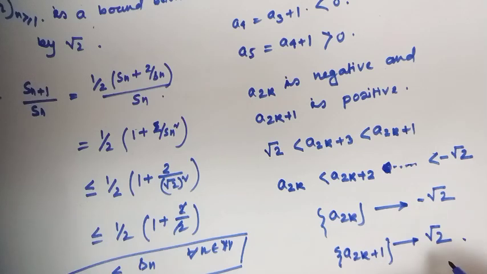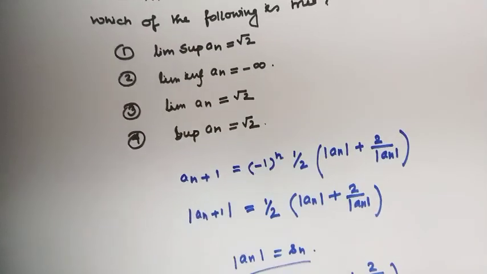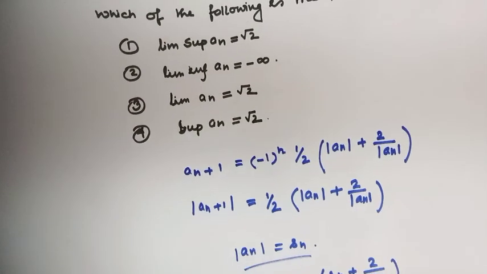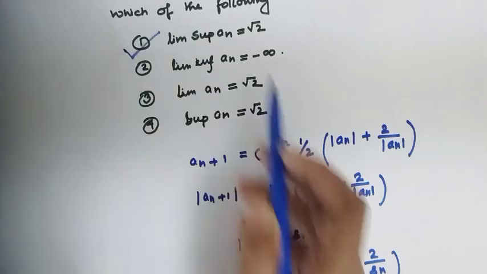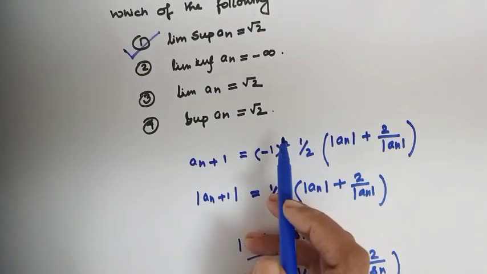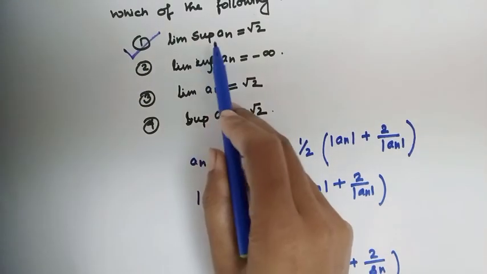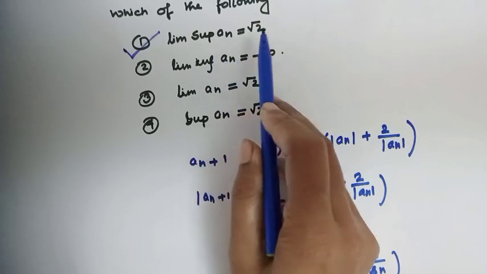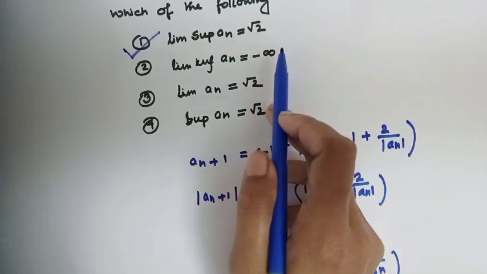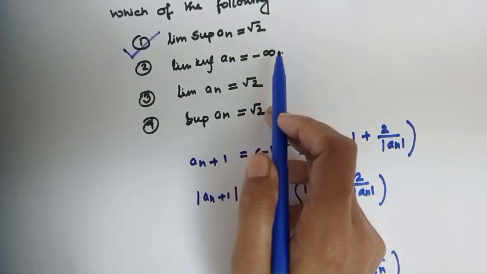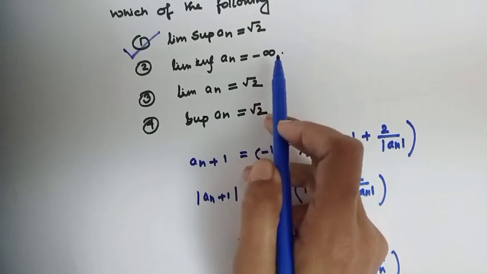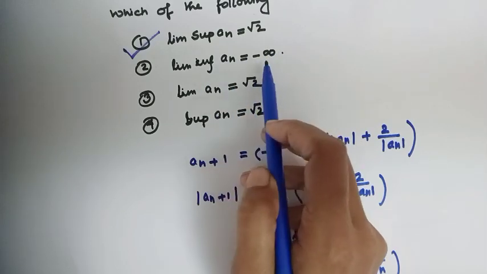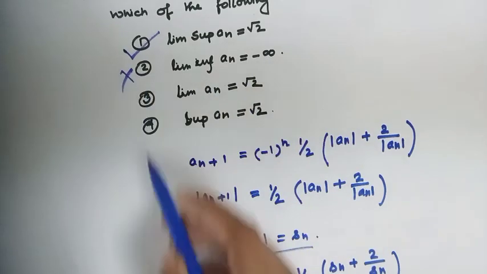From this we can write the limit superior of a_n is the square root of 2 and the limit inferior of the sequence is minus the square root of 2, but here it is given as minus infinity, so this is a wrong option.